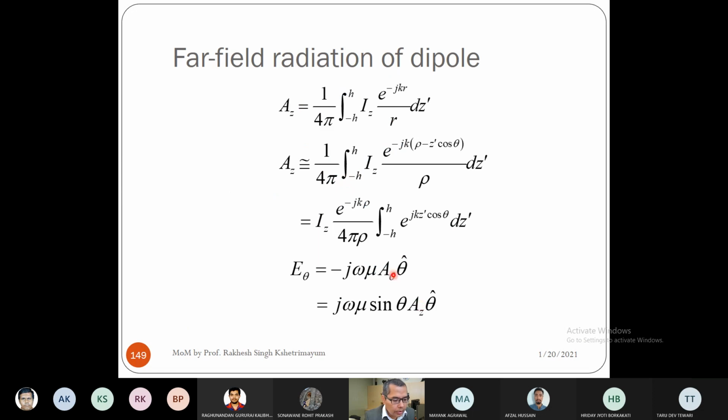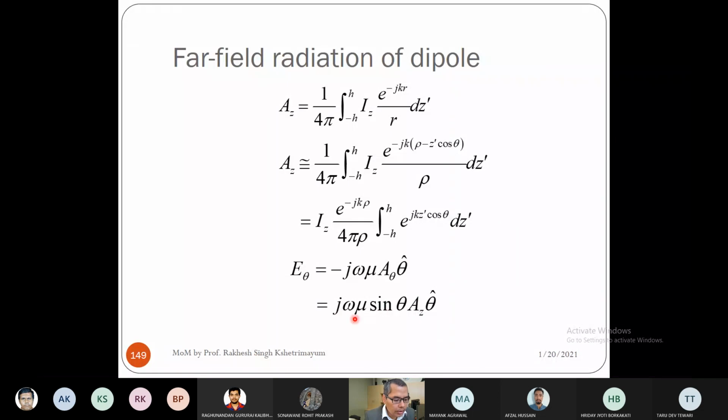So a theta would be az cos of theta plus pi by 2, and cos of theta plus pi by 2 will become minus sine of theta. That's why minus minus is gone.